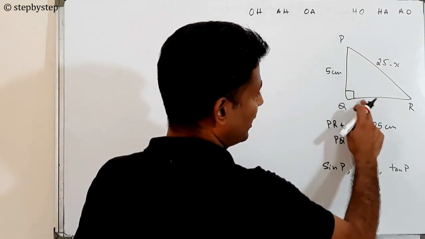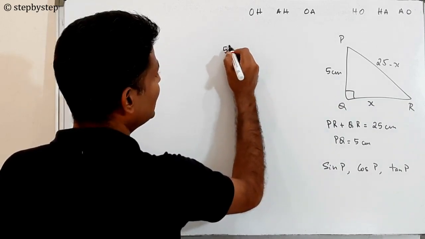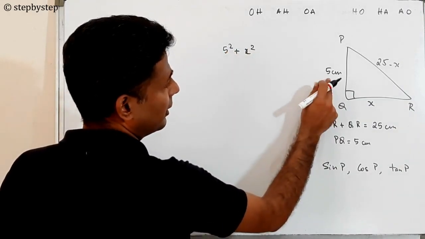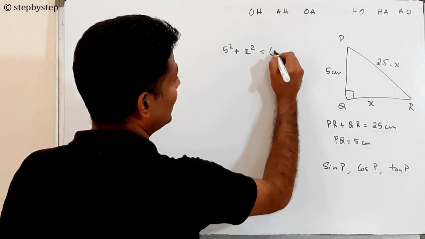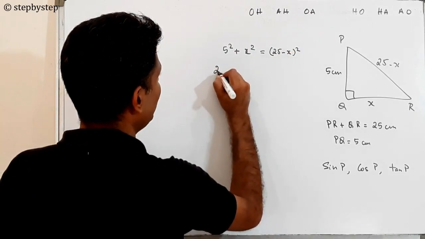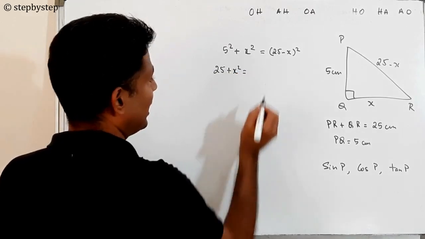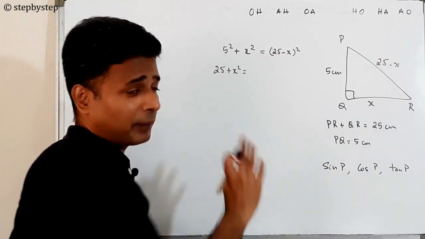Now using Pythagoras theorem, I can find the value of x. So we have 5 square plus this square equal to hypotenuse square, right? So plus x square equal to 25 minus x whole square. So 5 square 25 plus x square. And guys, again it is of the form a minus b whole square. Don't write it as 25 square minus x square.